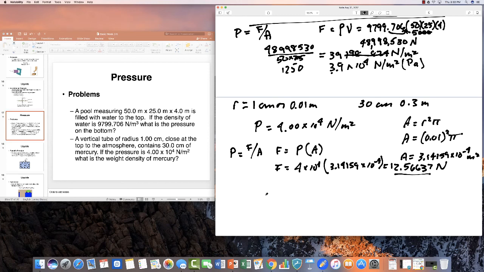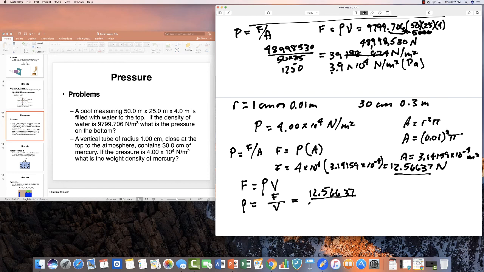And that force, now we know that the force is equal to density times volume. And so density is going to equal force divided by volume. So that's going to equal 12.56637 divided by, and the volume is going to be the area times the height.